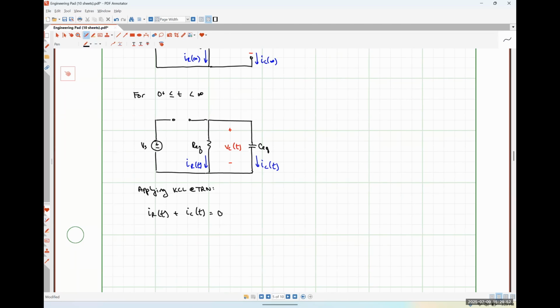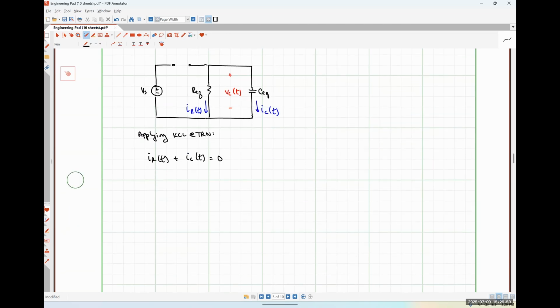We can express both of those currents in terms of the capacitor voltage because it's common to both elements. So using Ohm's law, that's going to look like VC divided by REQ plus C times the derivative of VC with respect to time, which is once again a linear homogeneous first order differential equation.